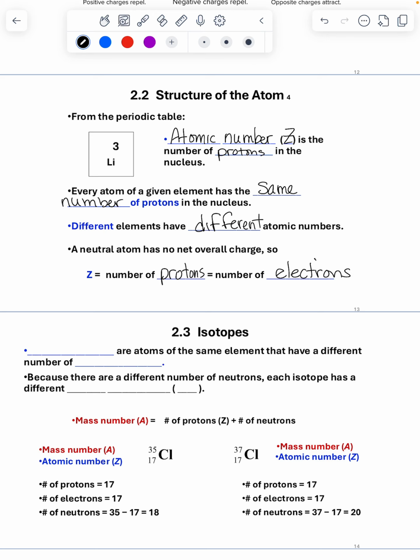We see that it has 3 protons, and so we know protons have a positive charge, so we write a +3. And then if we want to know the overall charge, we have to add the protons and the electrons. And so a neutral atom of lithium would have 3 electrons. When you add that together, you get a charge of 0. So the charge is determined by both protons and electrons.